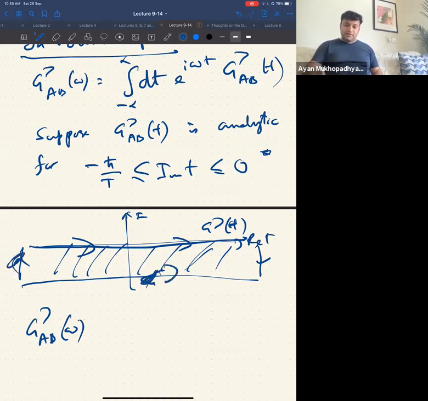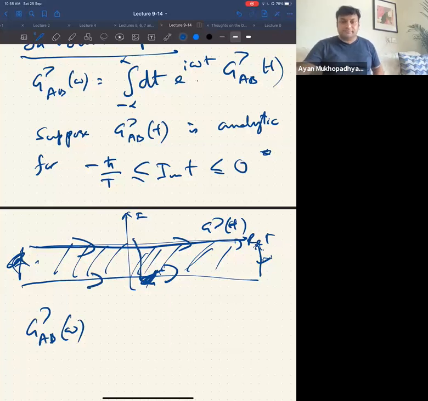This contour can be shifted downwards provided there's no contribution coming from infinity. I also assume that this thing decays in time. At very large time, this is going to decay, so I will not get any contribution from there. So if it is analytic in this strip, I can simply shift my contour downwards and do my contour integration here.